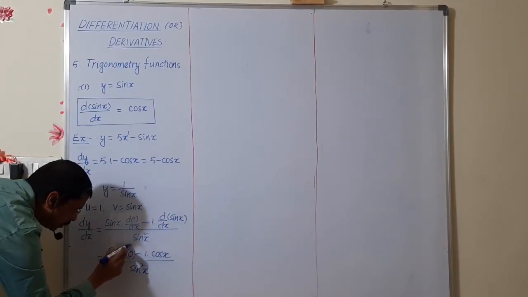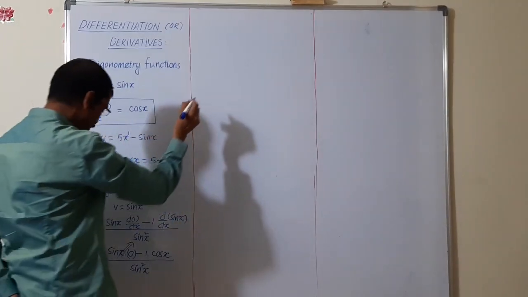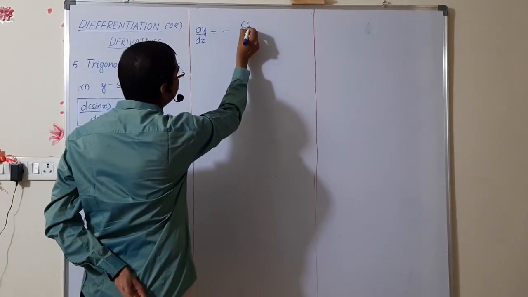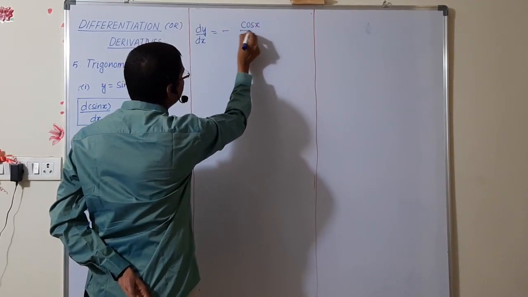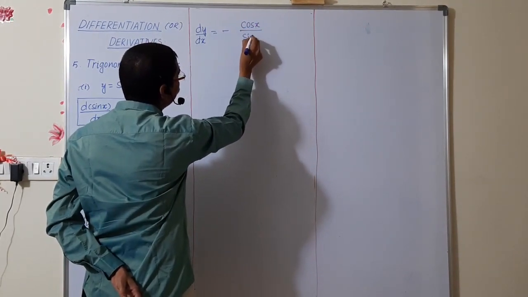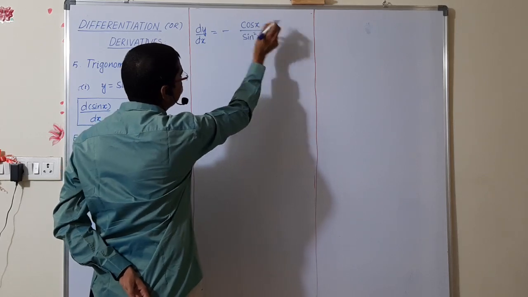The 0 term drops, the remaining term: dy upon dx is equal to minus cos x upon sin square x. This is the answer.